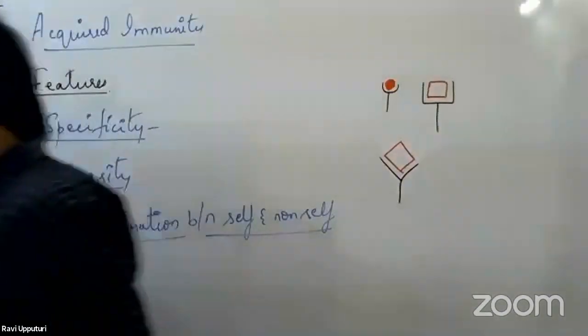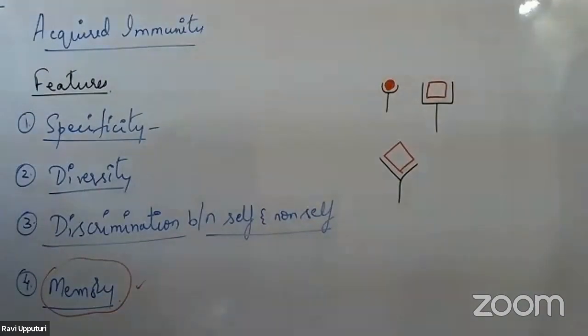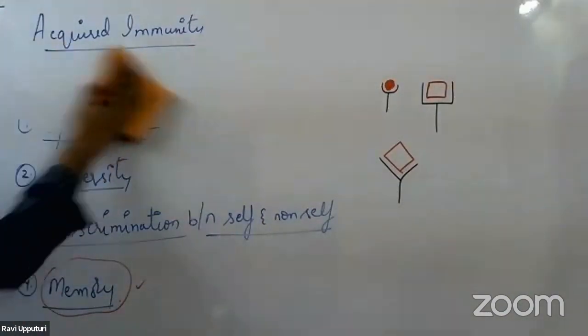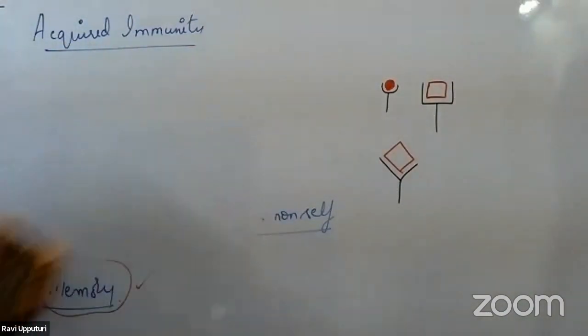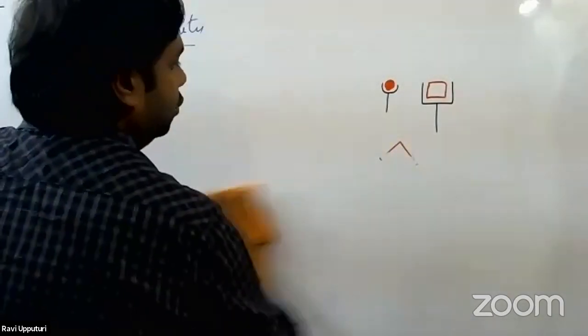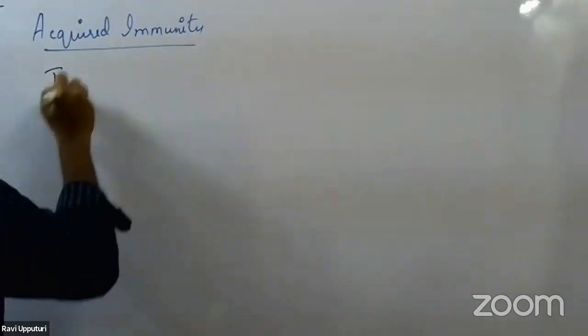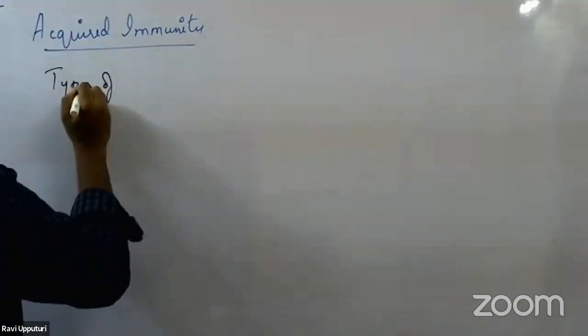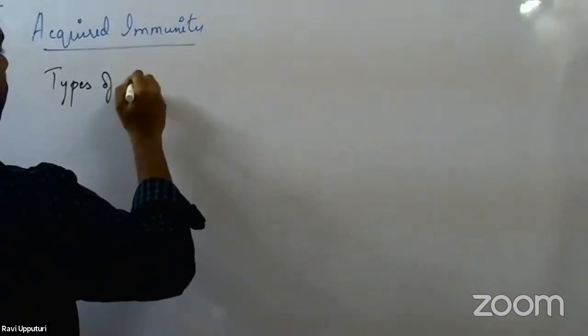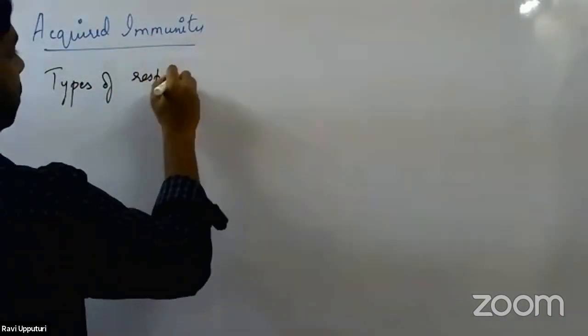Now, the next small topic we have is the different types of acquired immune responses.